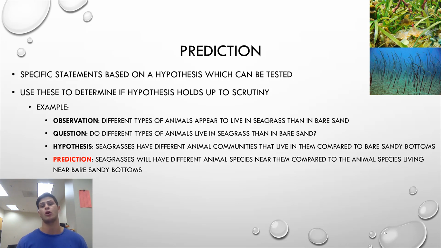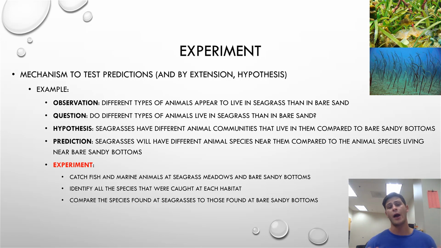And this is used to determine if a hypothesis holds up to scrutiny. And testing predictions about our hypothesis is basically an empirical way of evaluating if this hypothesis actually does stand up to that scrutiny.